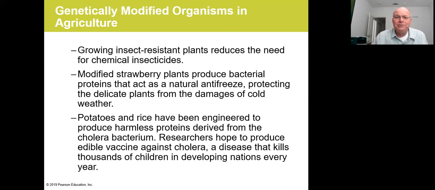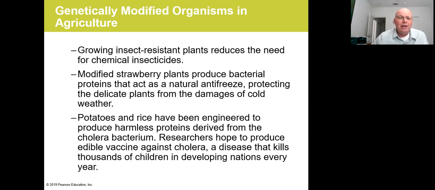Potatoes and rice have been modified to provide a vaccine against cholera. So they have a surface protein that comes from the cholera bacterium. So this is a protein that's on the surface of the cells.